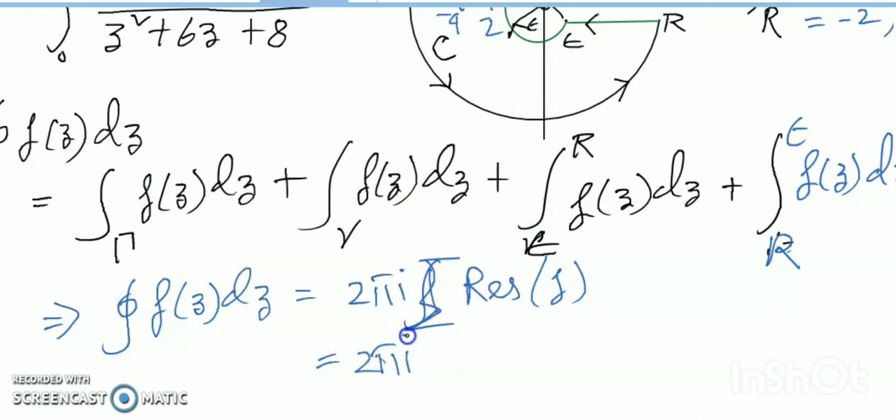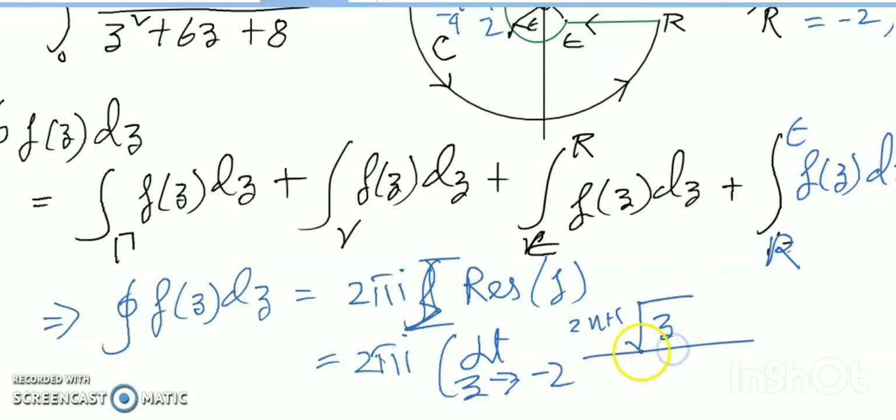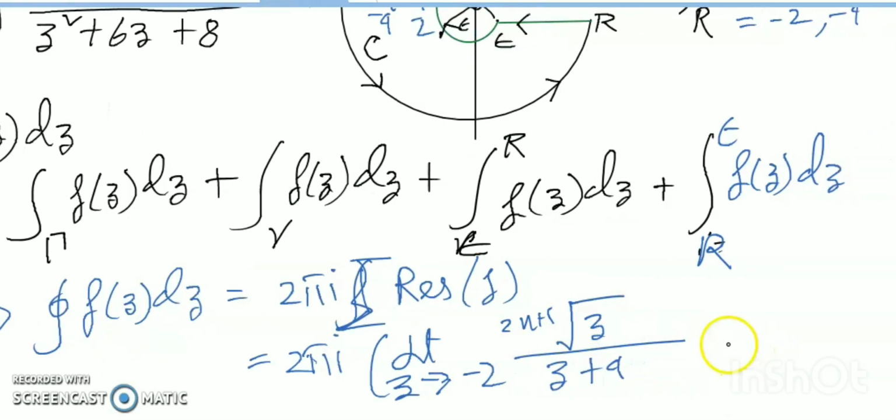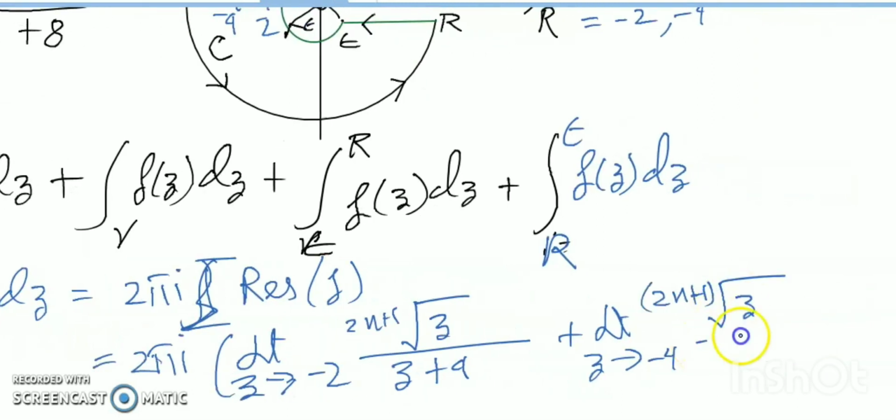Limit z tends to -2 of the (2n plus 1)th root of z divided by z plus 4, and plus limit z tends to -4 of the (2n plus 1)th root of z divided by z plus 2. Okay, so this way it can be written, z plus 2, sorry, not z plus 4, z plus 2.